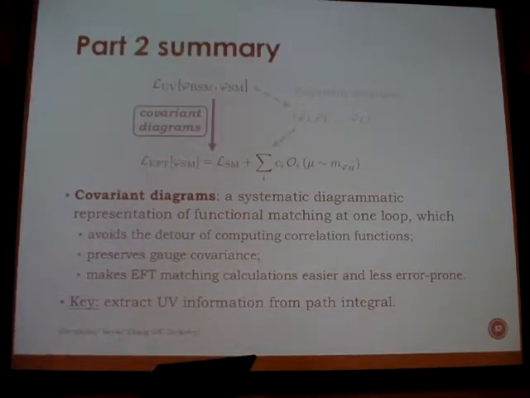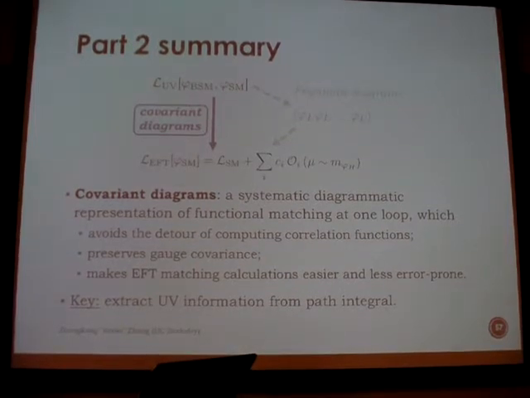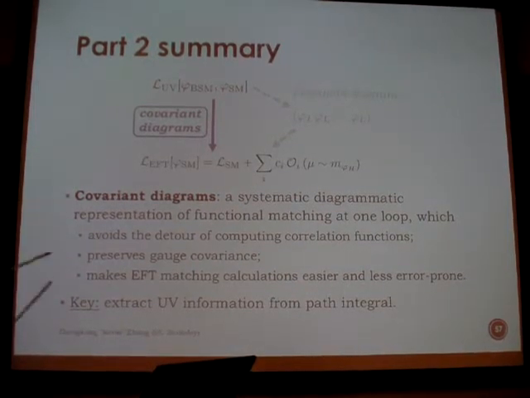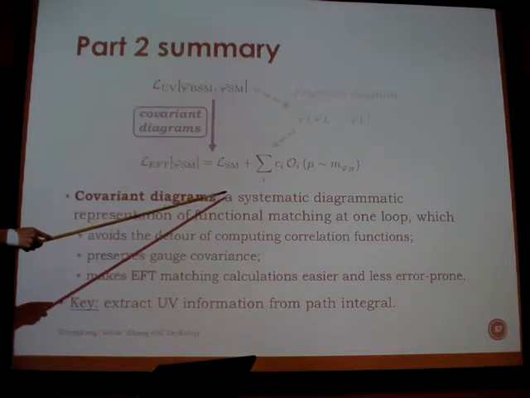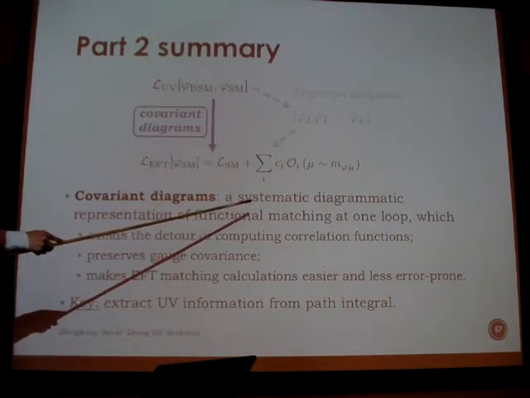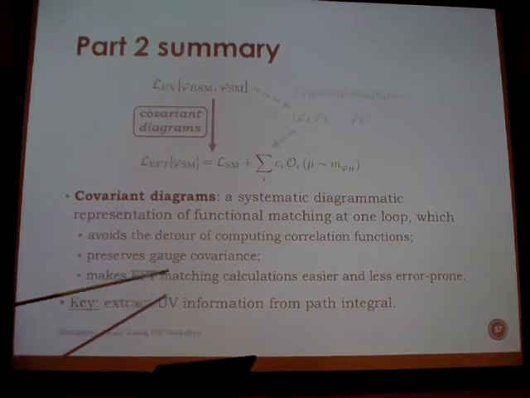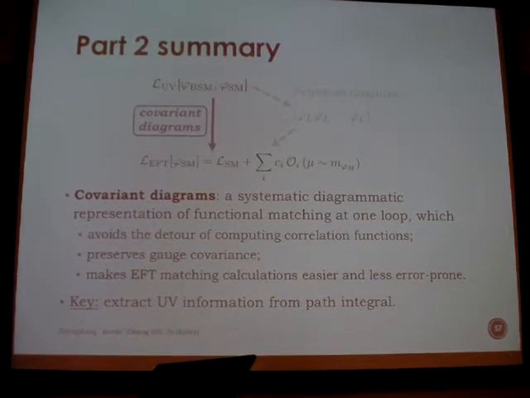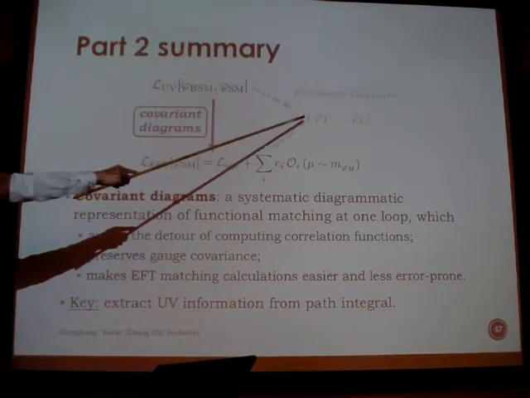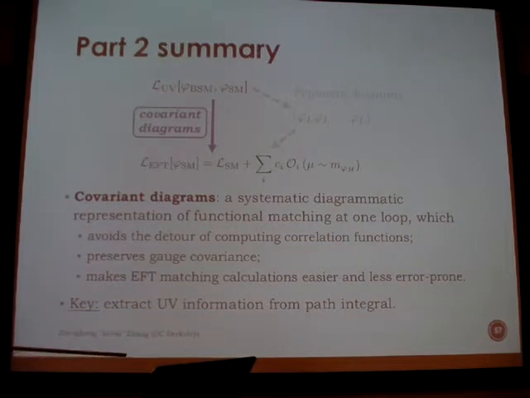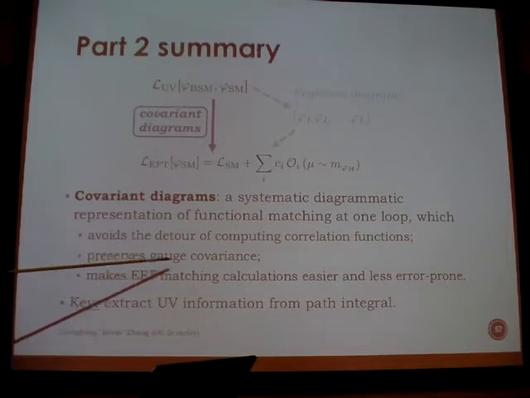All right, so this brings me to the end of the talk. To summarize, I have introduced what I call covariant diagrams as a systematic diagrammatic representation of functional matching at one loop. And the point is that we want to avoid the detour of calculating correlation functions, and as a bonus, we can preserve gauge covariance in all steps of the calculation, which makes EFT matching calculations easier and less error prone.